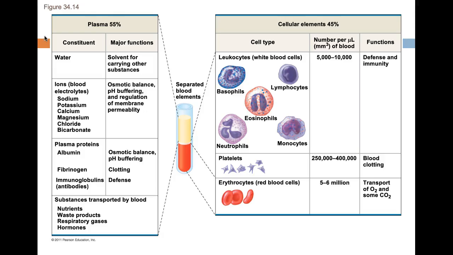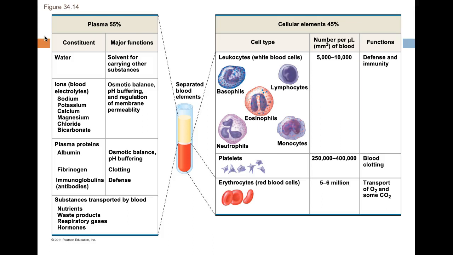This diagram gives you a better idea of all the different constituents, or parts, that make up blood. Starting on the left, as I previously stated, plasma makes up 55% of blood. Inside plasma we have water, which is an extremely important solvent, and lots of different kinds of ions.